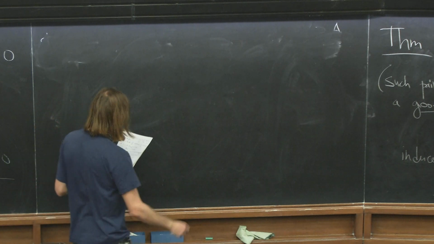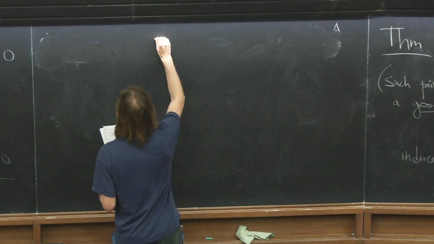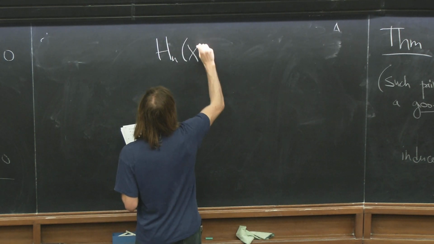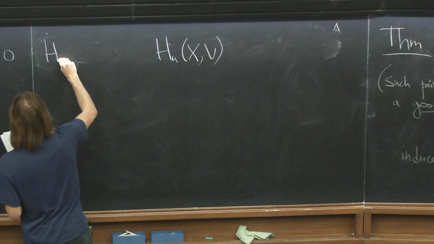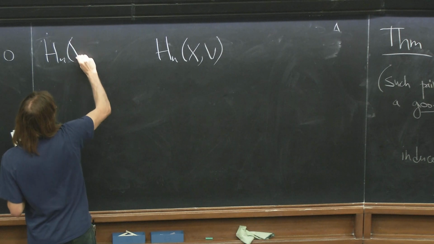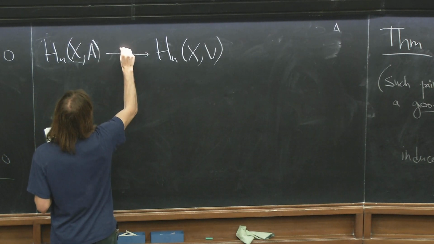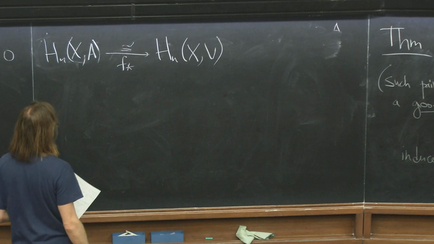So the first thing we learned is that H_n(X, V) is isomorphic to H_n(X, A), via a particular isomorphism which we denoted by F star.